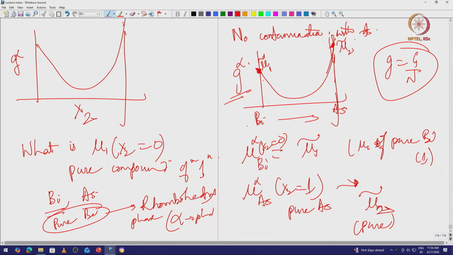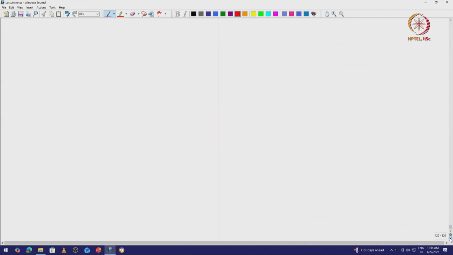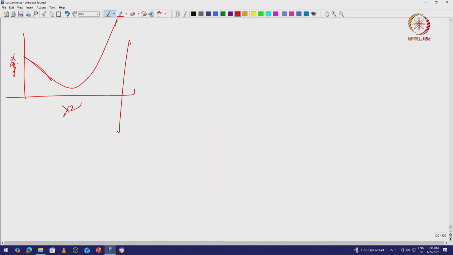Now, let us hang on there, okay. G of alpha again as a function of x2 is going to be somewhat like this. Sorry, let me draw the poles closer, okay. And this is actually mu 1 tilde, this is actually mu 2 tilde. If I have pure bismuth or pure arsenic, these are the chemical potentials, right.